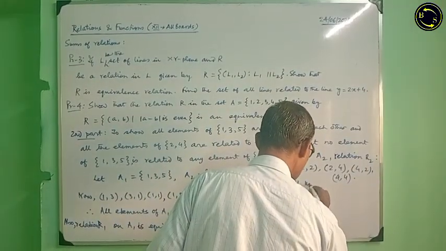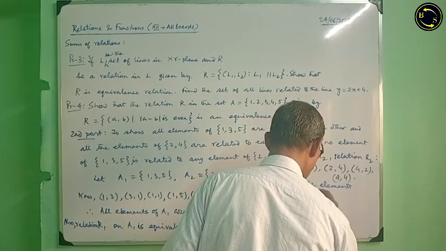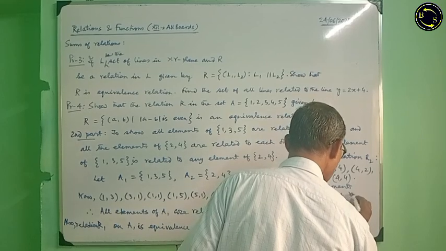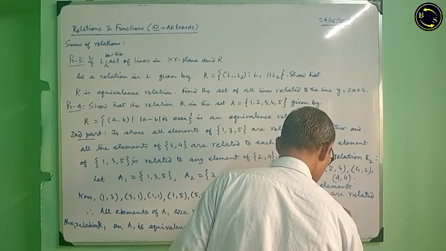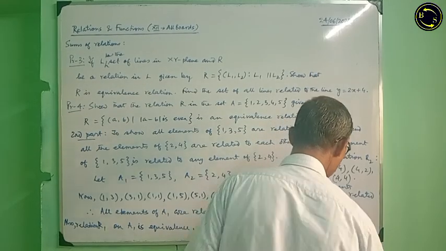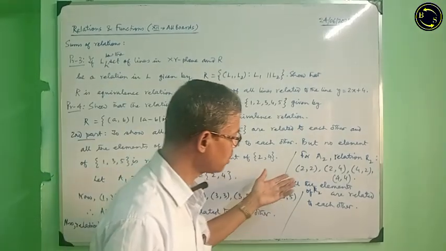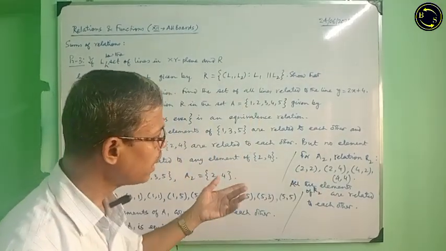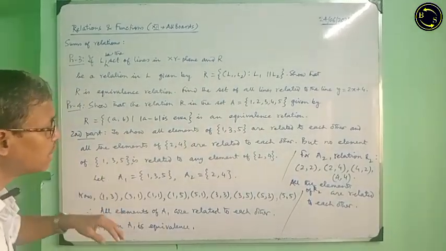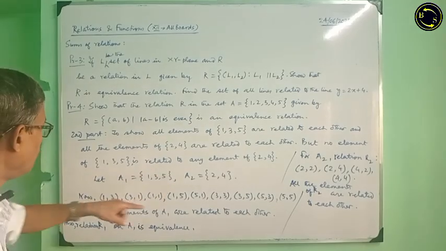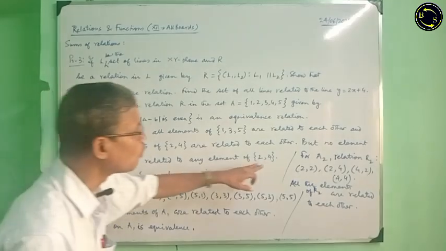All the elements of R2 are related to each other. Actually, transitivity is not clear in this case. Next, we have no element of 1 3 5 is related to 2 4.